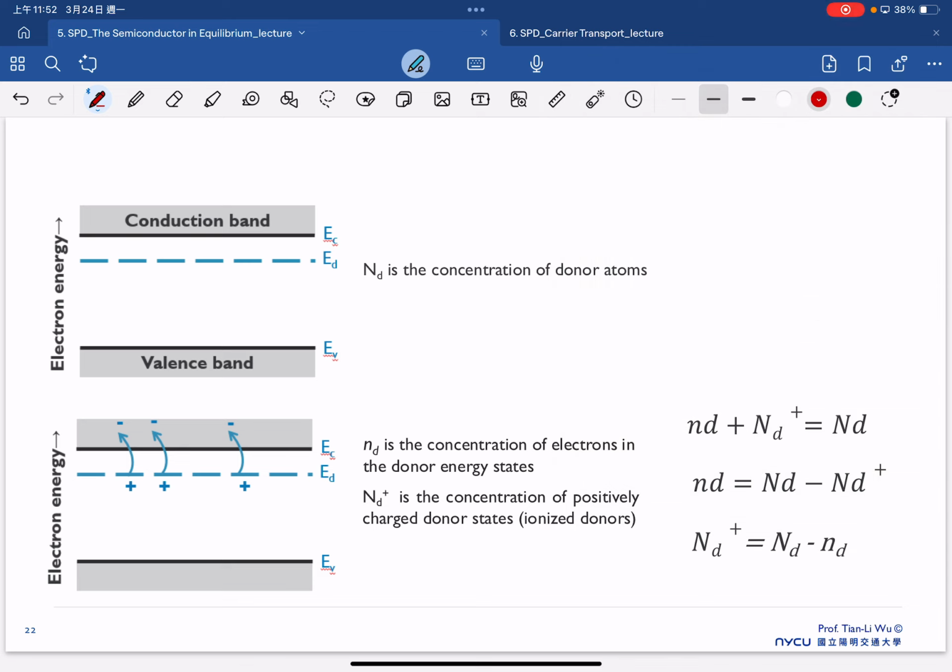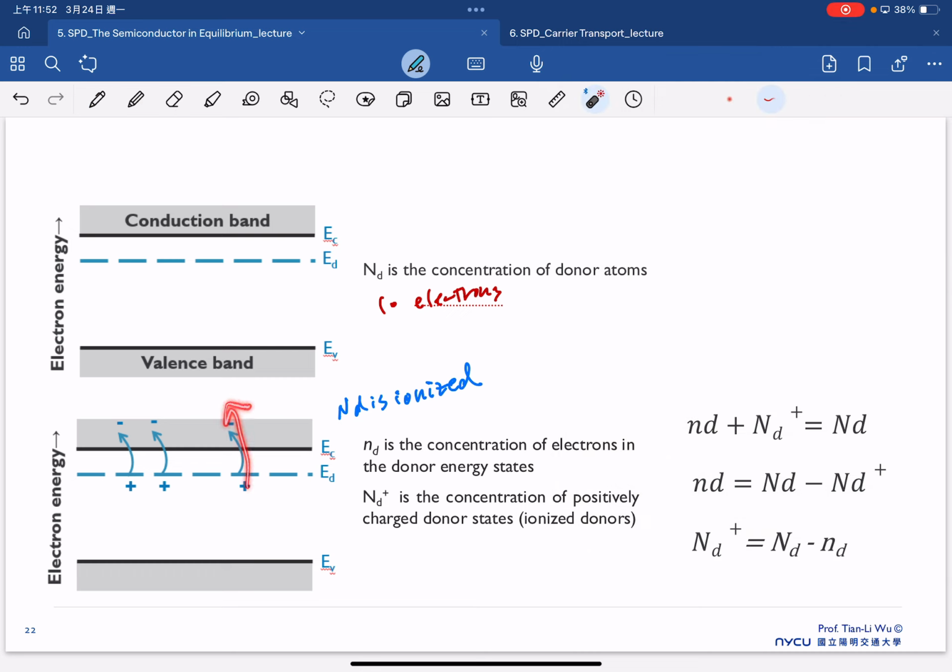If we have 10 electrons here, and then in the bottom graph we consider that once the ND is ionized, a certain number of the electrons will jump to the conduction band.